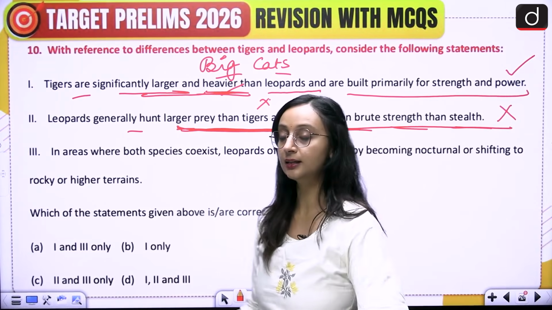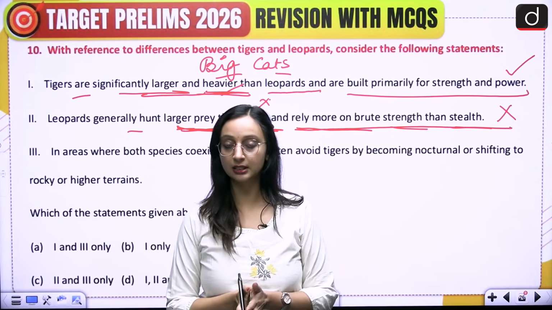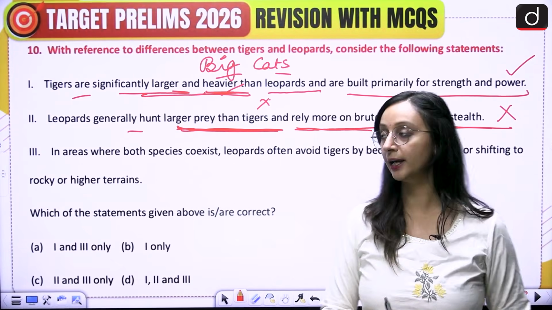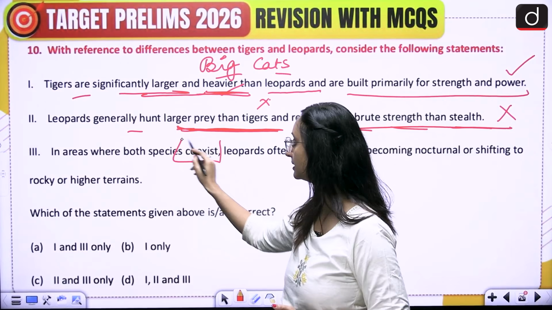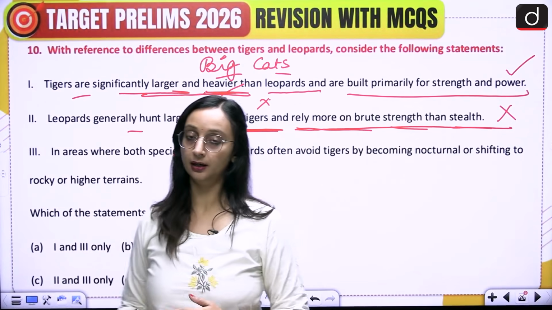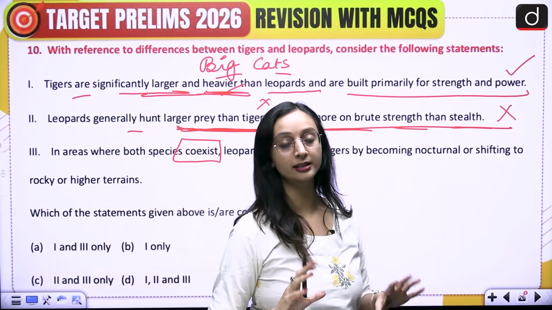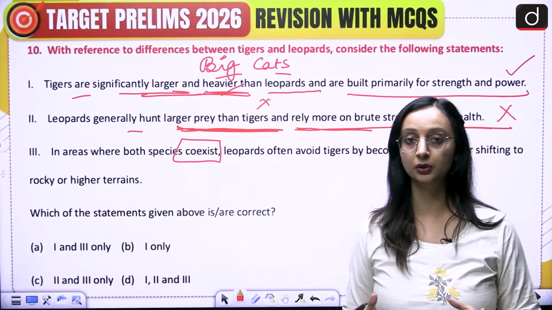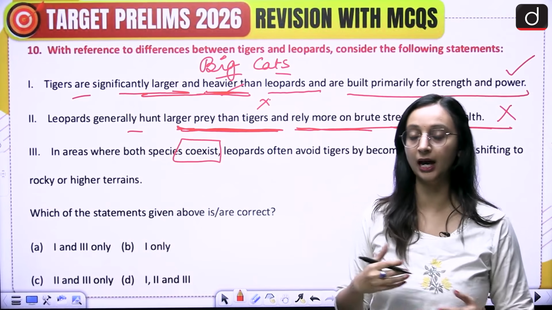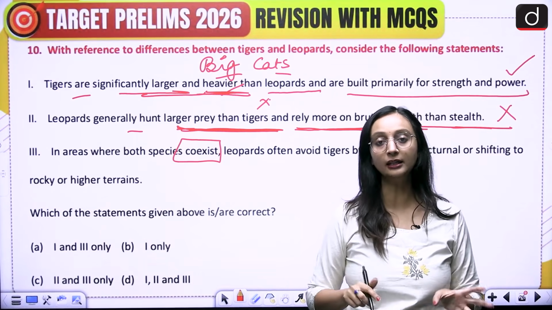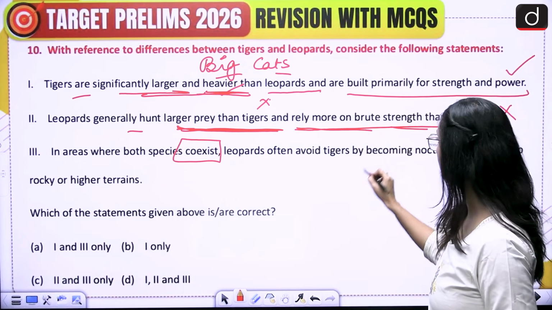But there are areas where these can actually coexist. Both species are found together. Now, in areas where coexistence is seen, tigers dominate, again because they are larger, heavier, and their prey is also larger. They have this territorial acquisition kind of nature. So tigers dominate, and leopards, on the other hand, adapt.